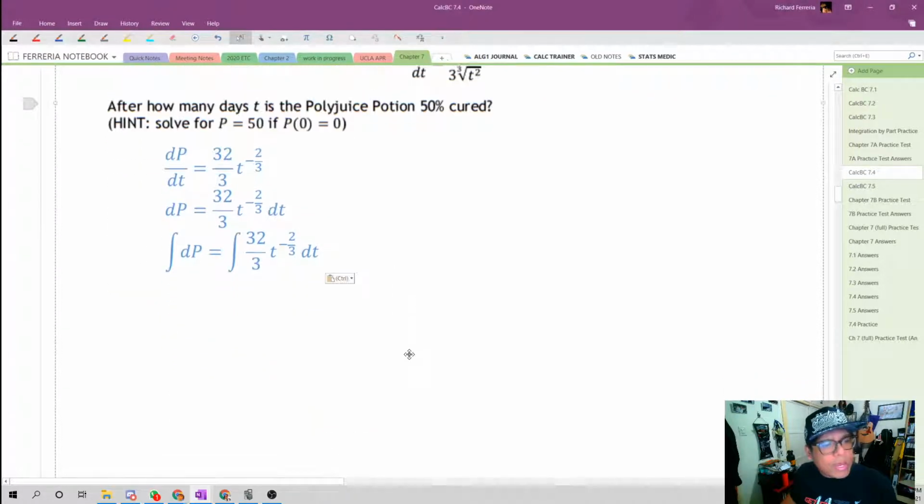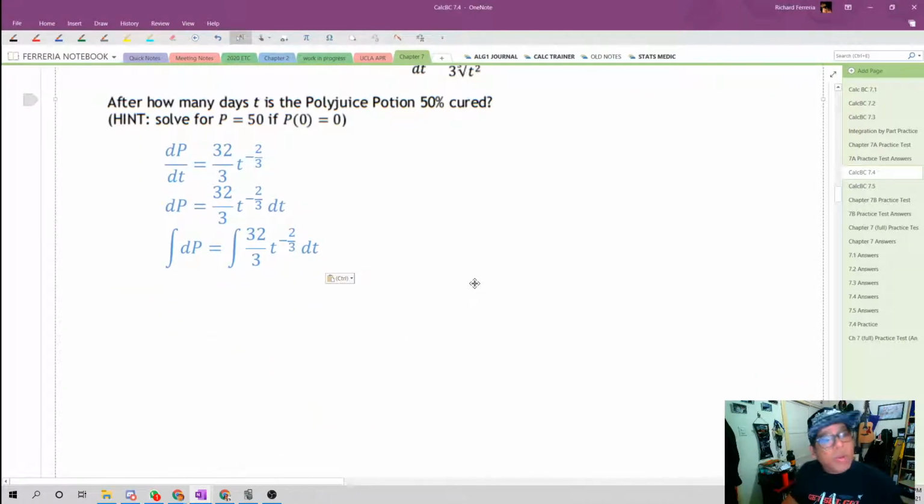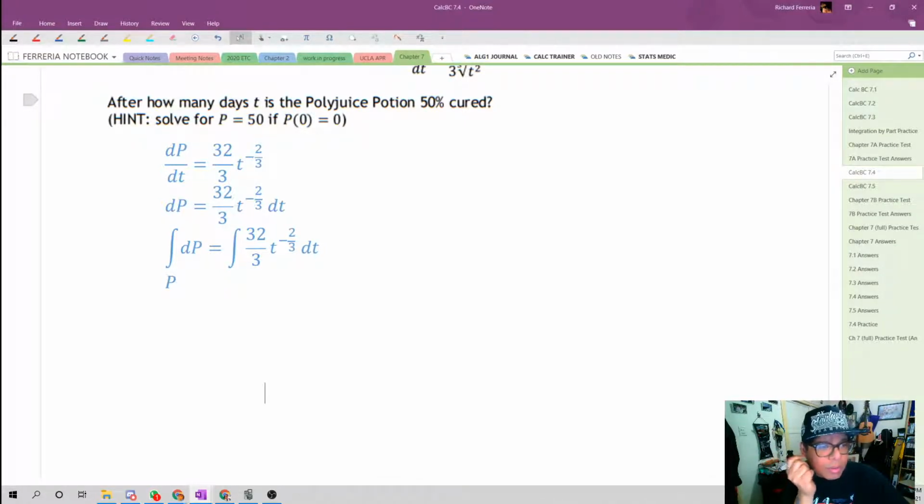Okay, we're going to integrate both sides. The left side, dP, that antiderivative is just P. And on the right side, we can do a little bit of calculations ahead of time. Let's see, negative 2/3 plus 1 is 1/3. So this is going to be t to the 1/3 power.